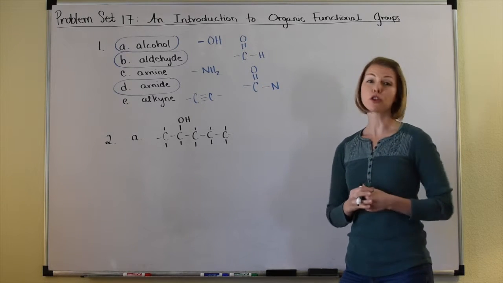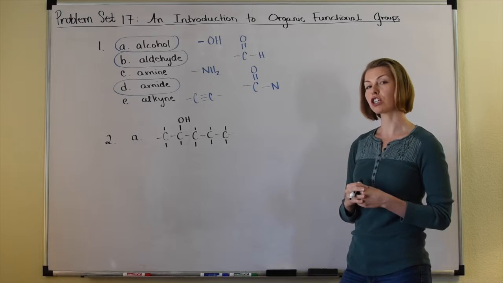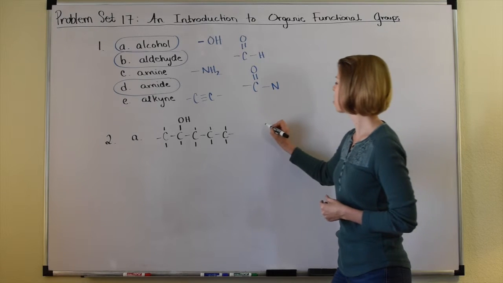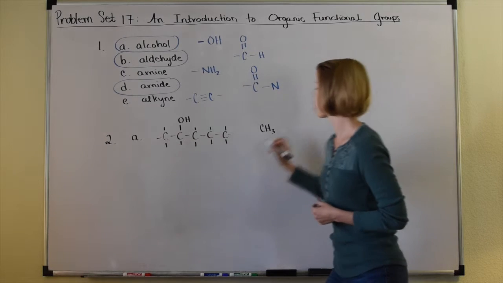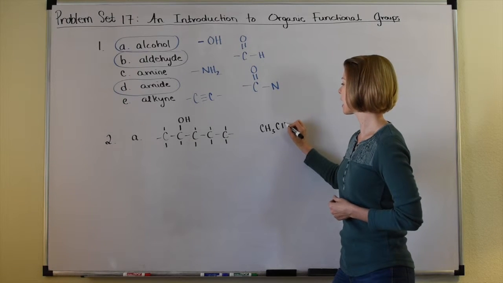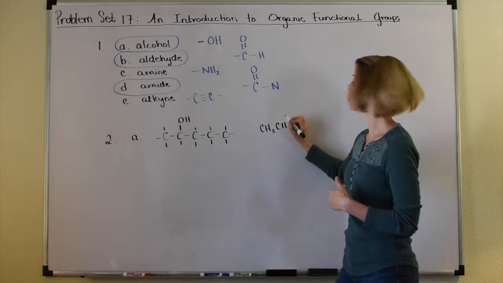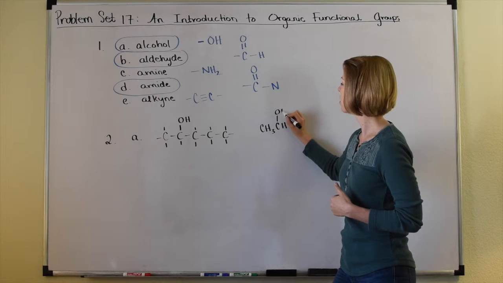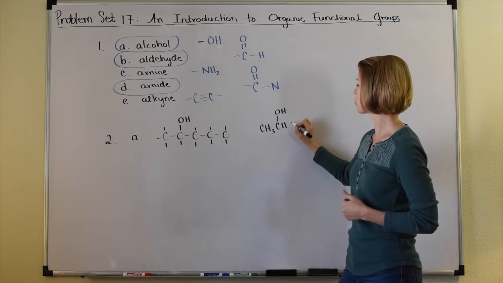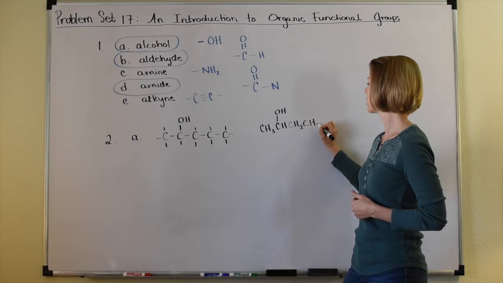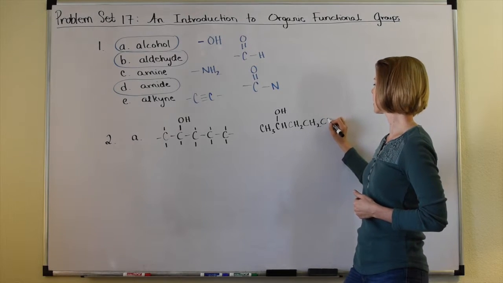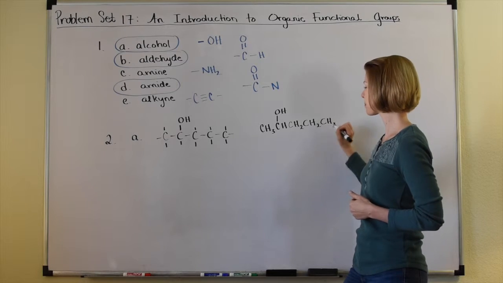All right, so if you wanted to do a condensed structure for 2-pentanol, it would be a CH3 for that first carbon, followed by a CH, and again, you could go up or down here. I'm just going to go up for my alcohol functional group, followed by a CH2, CH2, and a CH3.